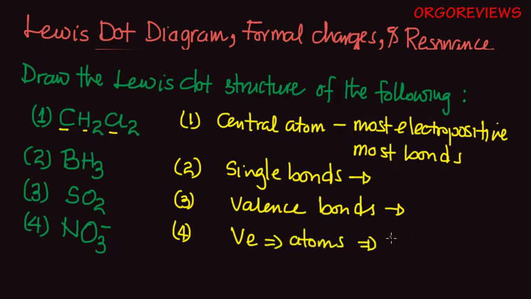And some exceptions exist. Hydrogen can take only 2 electrons. Certain atoms defy the octet rule, because when you're distributing these valence electrons, the whole idea is to make sure that every atom satisfies either the octet rule for most atoms or the doublet rule for hydrogen.